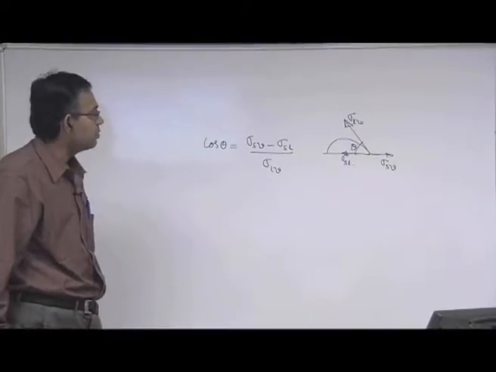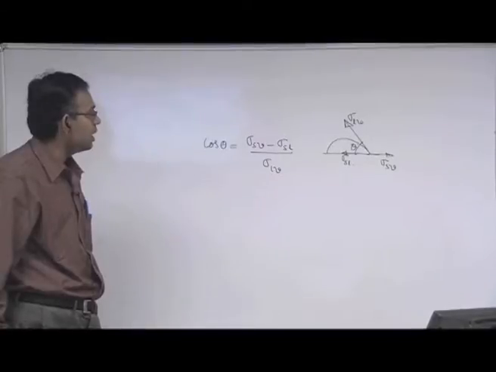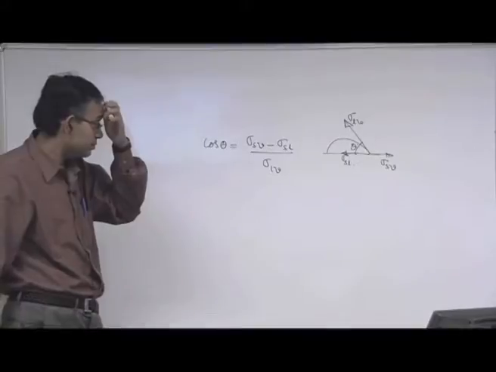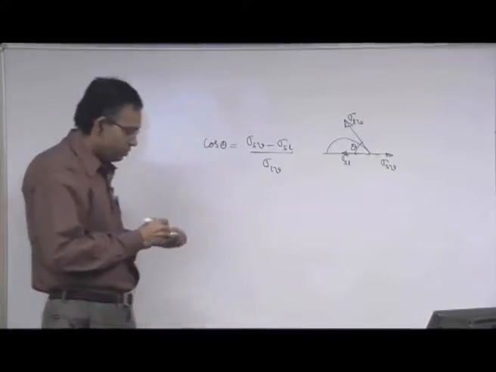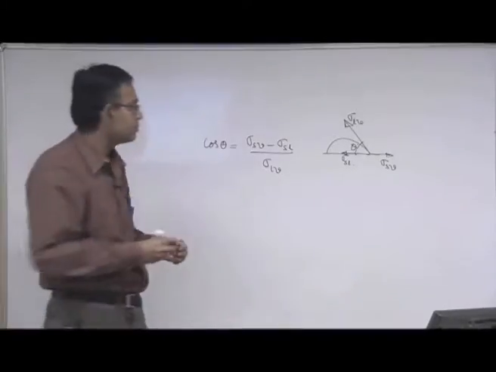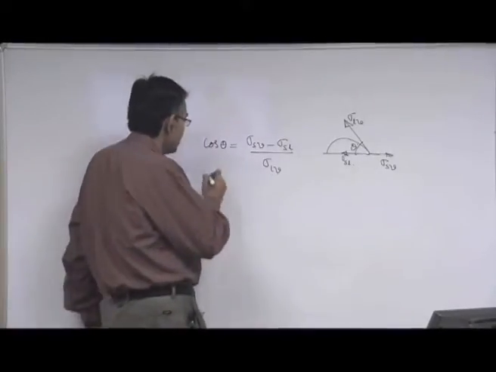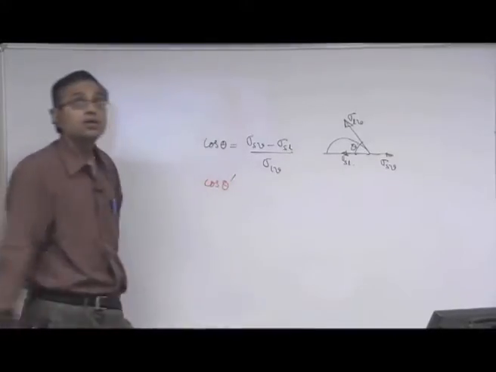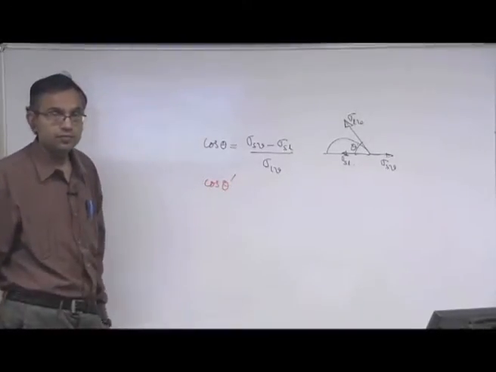So you have sigma SV is equal to sigma SL plus sigma LV cos theta for equilibrium, that is what is written here. Now because of the applied voltage, the cos theta has changed. So it has become cos theta prime.